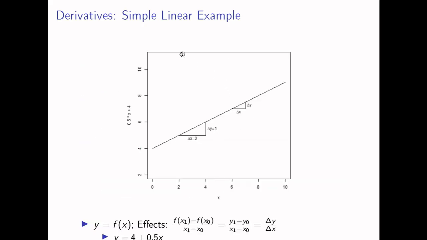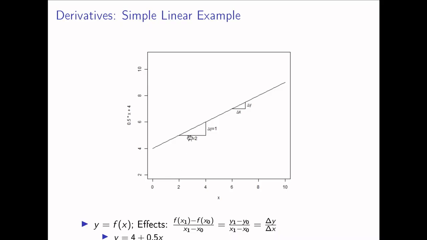So here's a graphical presentation of the relationship, right? Here's x, here is 0.5 multiplied by x plus 4. Now for this equation, let's change x from 2 to 4. So the delta x is equal to 2. Then what's going to be the change in y? When x is equal to 2, we plug in the number 2, and this becomes 1 plus 4. y0 is equal to 5.